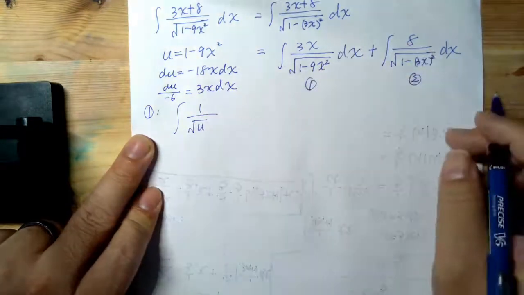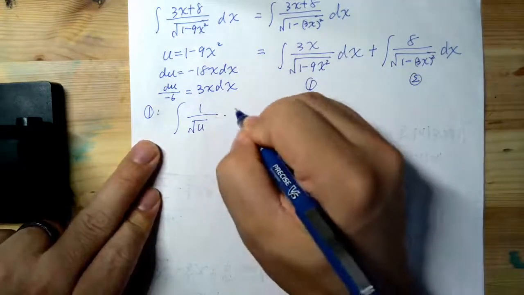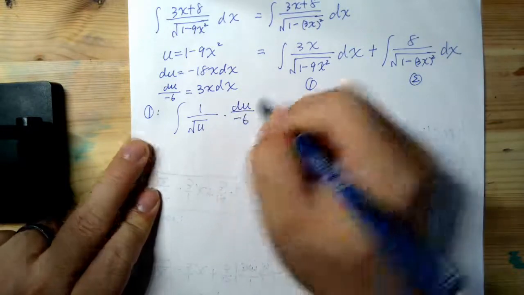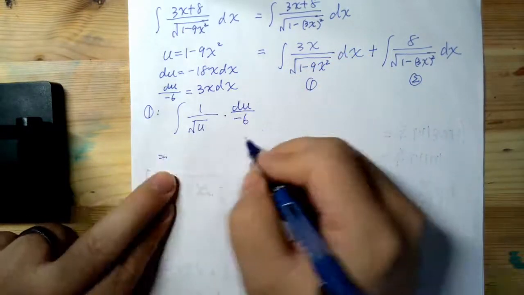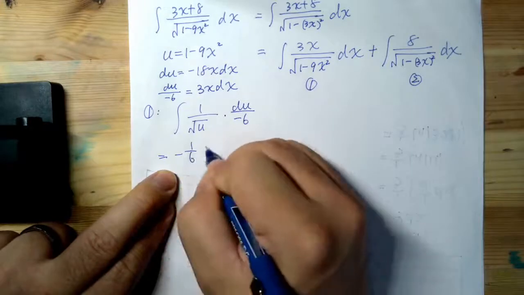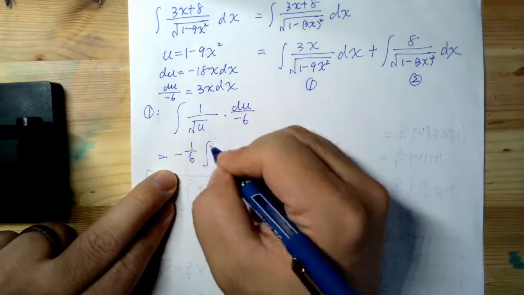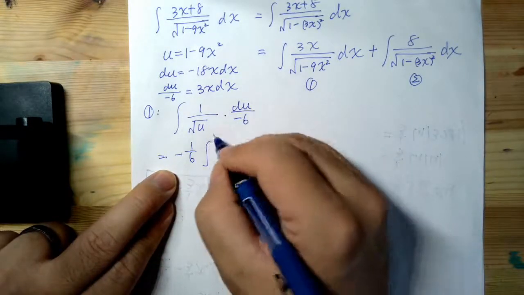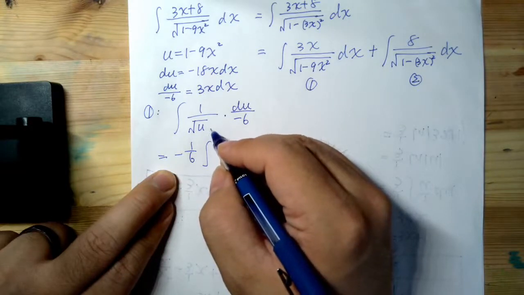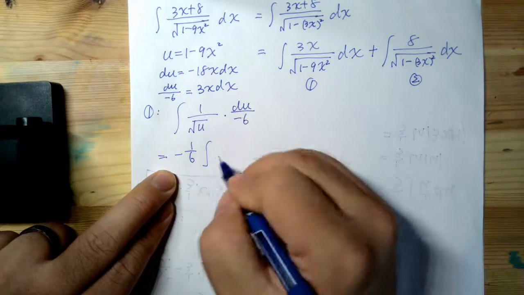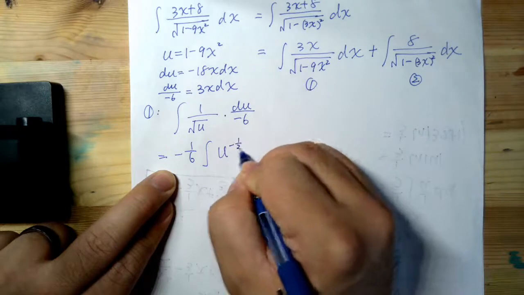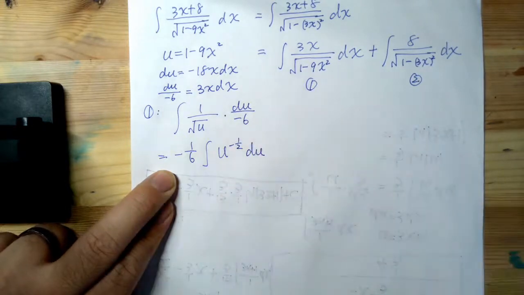Well, that's also easy. So we have du over negative 6. It turns out we can bring this 1 over 6 out. This is going to become 1 over square root of u, or rewrite this as u to the power half, and the reciprocal is going to be u to the power negative half du. Okay, well that's what we get.